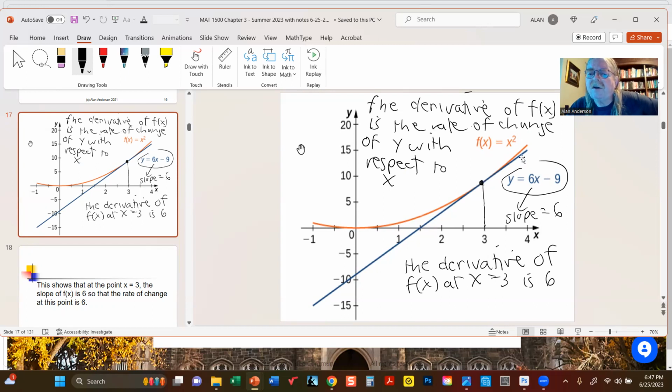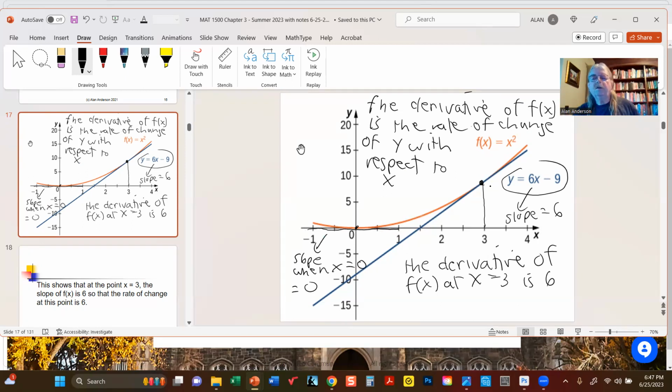Now, if you notice very carefully, you look at this function, it's a curve. So that means if I put a tangent line at any other point, I'm going to get a very different result. In fact, right here, for example, if I have a tangent line at x equals 0, I'll wind up with a horizontal tangent line. So that means that the slope when x equals 0 is 0.